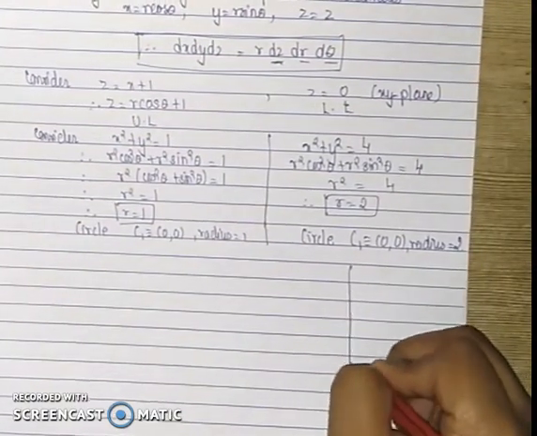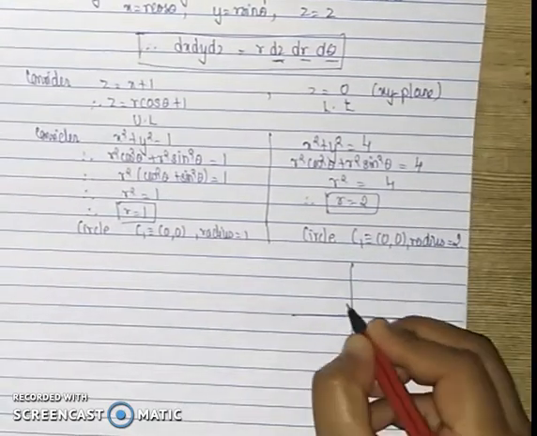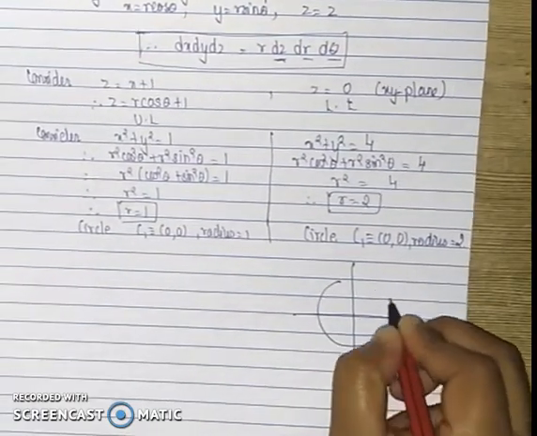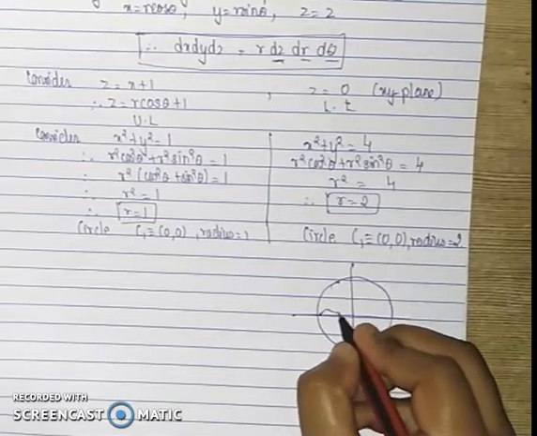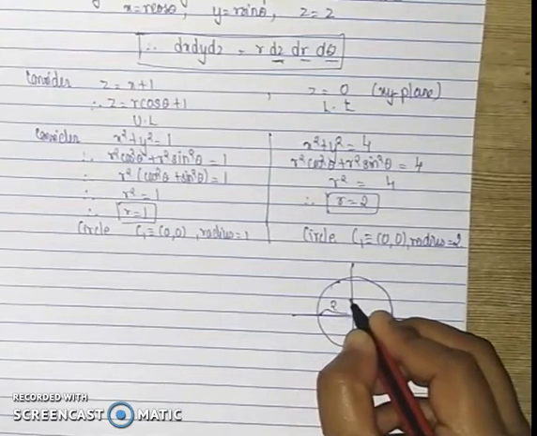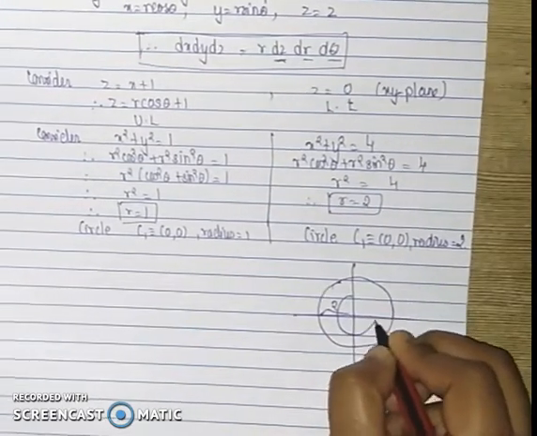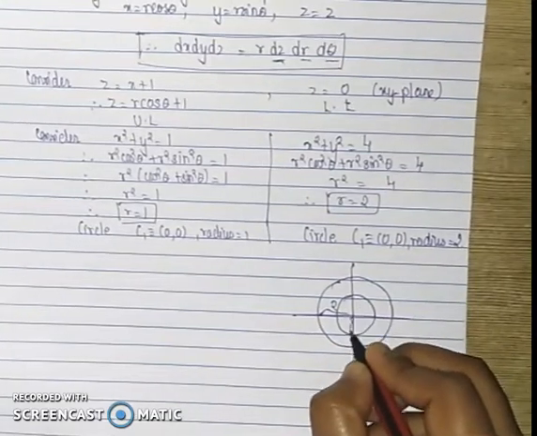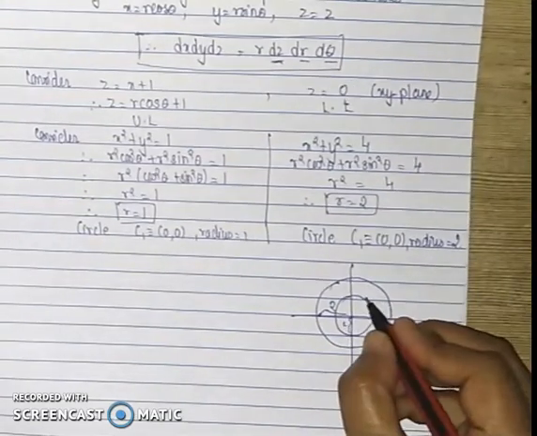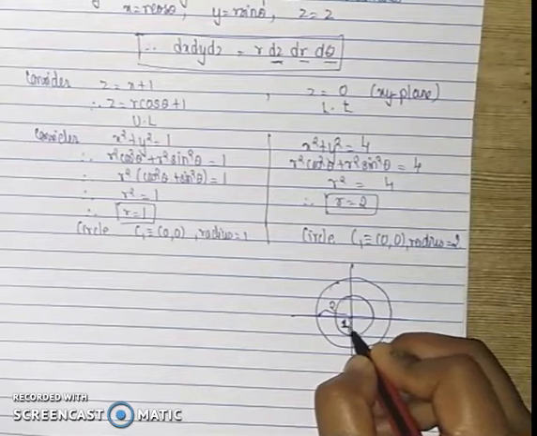Now we'll draw the diagram. The bigger circle, and then we'll draw a smaller circle of radius 1. I'm not that good at drawing, we'll manage it. So we'll label it r equal to 1 and r equal to 2.